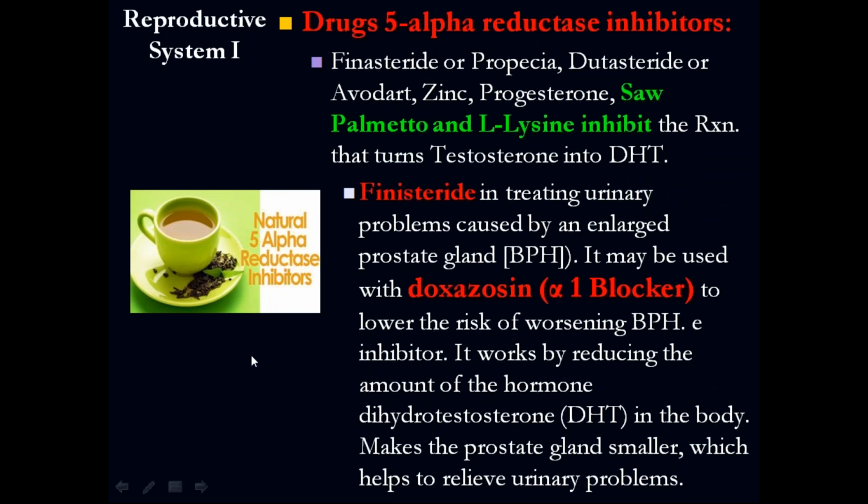Okay, drugs: alpha reductase inhibitors. For example, we have finasteride or Propecia. We have another that is natural. This is what happens if we decrease the 5-alpha reductase. It is especially for adult patients who have enlargement of the prostate gland, and what they are doing is decreasing the DHT, by inhibiting the 5-alpha reductase.